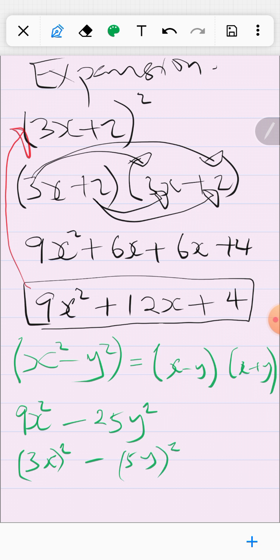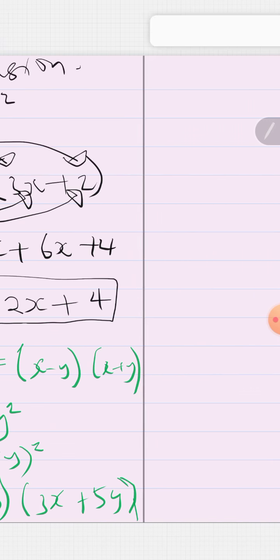And if I want to write that as a difference of squares, it would just be 3x minus 5y into 3x plus 5y. Yeah, this is very good handwriting, I know. Best one. Okay, so that was last week.